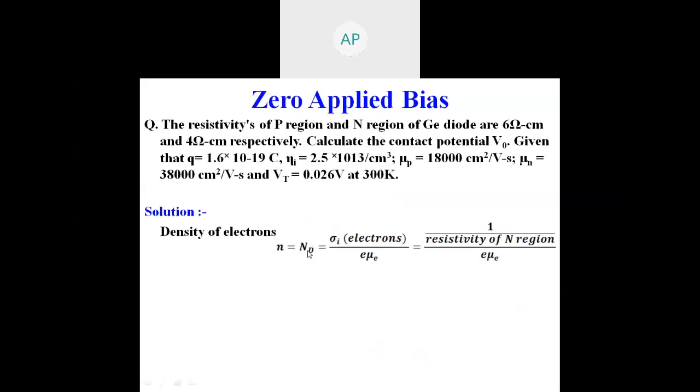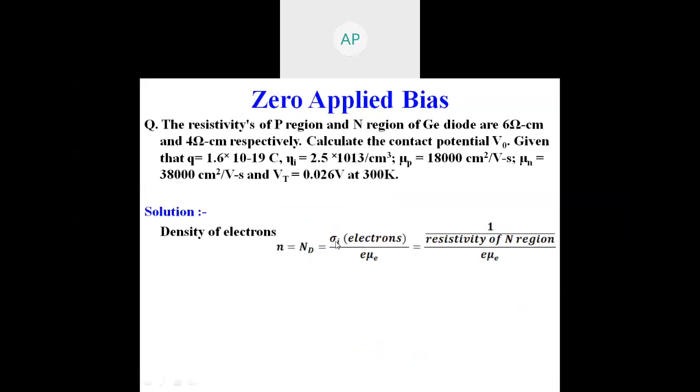This density is given as sigma divided by e into the mobility of electrons, where sigma is the conductivity. The conductivity is inversely proportional to the resistivity, so we have 1 upon the resistivity of the n region.